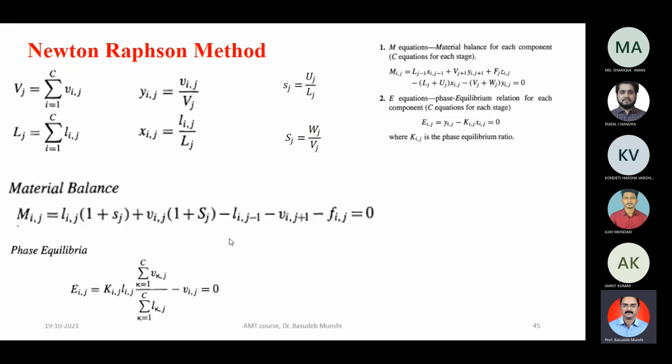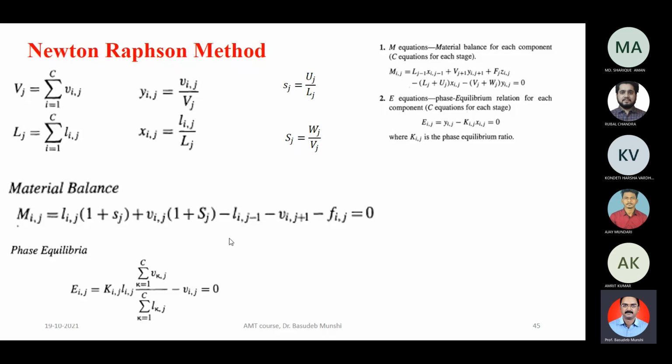Then we repeat that solution method for i equal to 1 to c. And the same thing we do for the calculation of liquid flow rate. Stage by stage, we calculate the liquid flow rate. Vapor flow rate also we calculate one by one. So this is how we do the calculation in the bubble point method and the sum rate method.